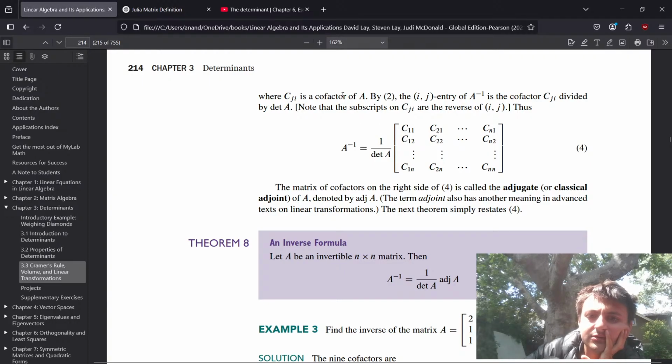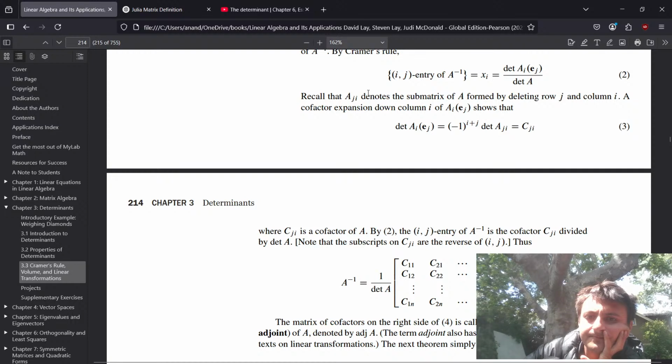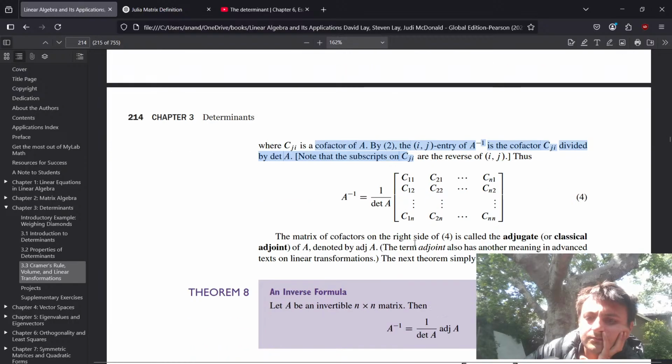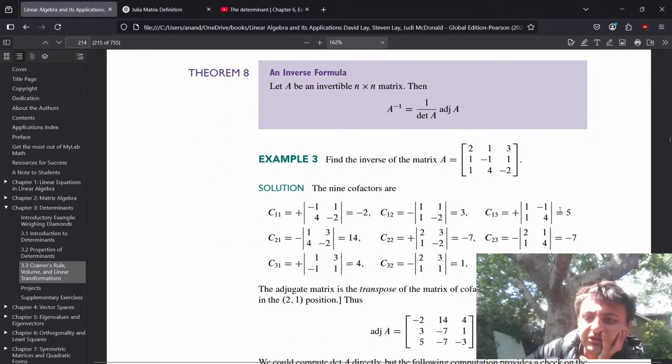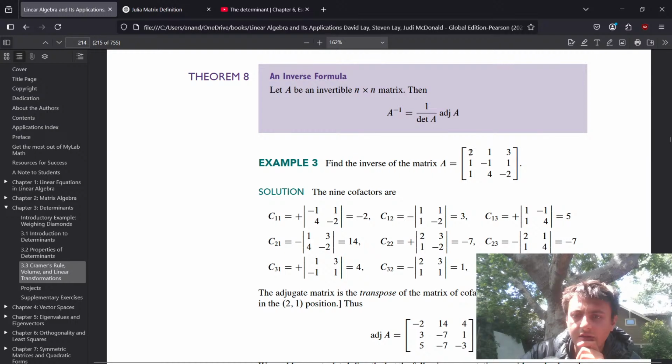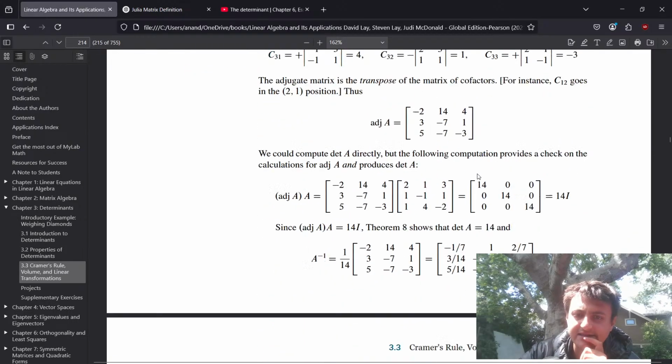Wait, so you have to transpose this. So you take the cofactor for every element of this thing, then you have a matrix of determinants, then you take its transpose, and that's the adjugate. Okay.